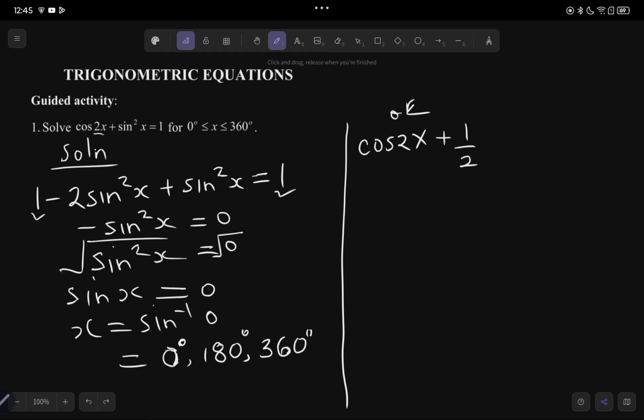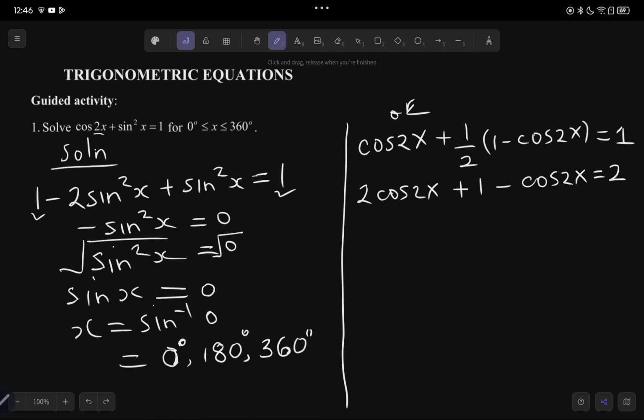We had cos 2x being 1 minus 2 sine squared x, but now we want to make sine squared the subject, so it will be a half into 1 minus cos of 2x. This should give us a 1. Please, you can pause and verify what we've applied there. We multiply through by 2, we get 2 cos 2x plus 1 minus cos 2x is equal to 2.